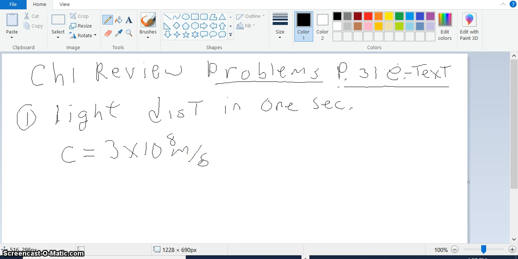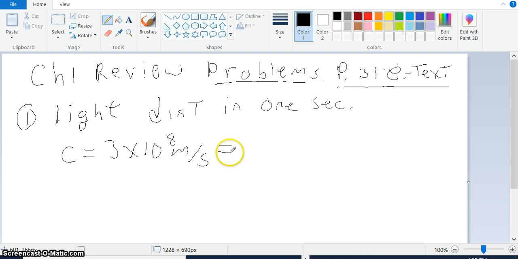Lots of experiments that we've done over many years has shown that this is the speed at which all electromagnetic radiation, including visible light, travels. This is actually the same speed that radio waves travel, that microwaves travel, and so forth.